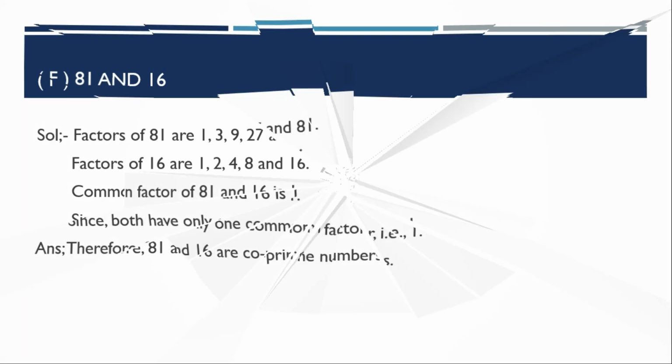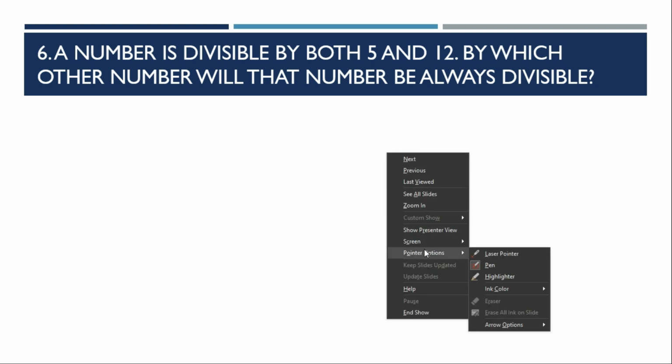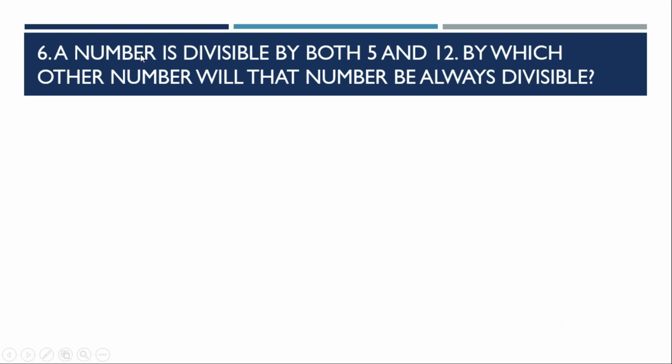We'll move on to the next question. Sixth one. A number is divisible by both 5 and 12. Which other number will that number be always divisible? A number is divisible by both 5 and 12. Okay, we are going to find a number.